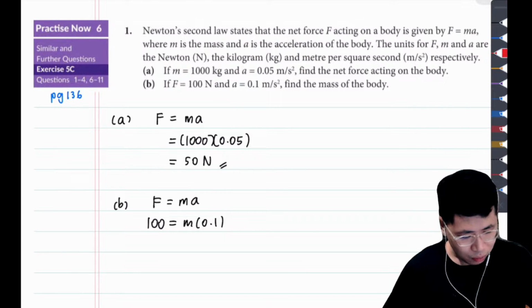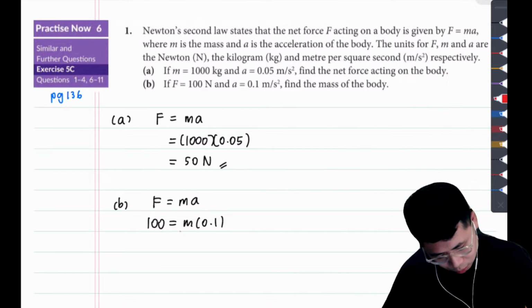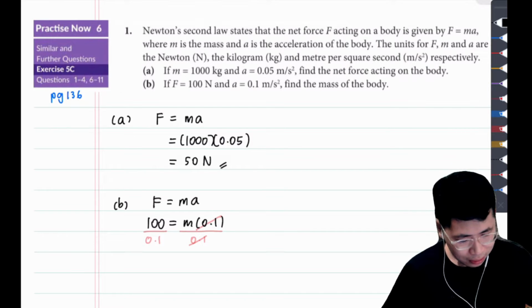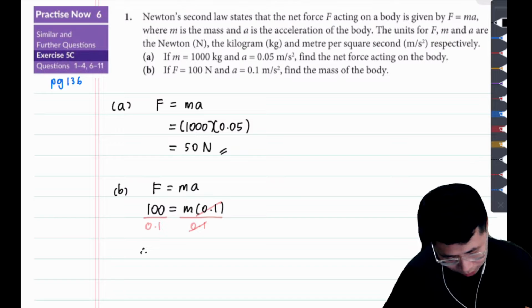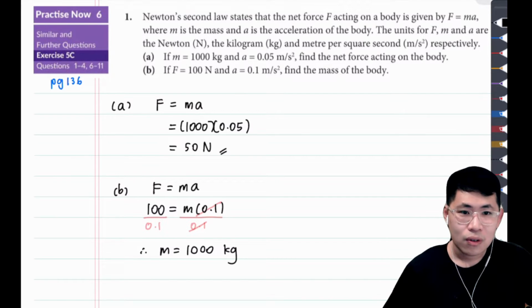Let us divide both sides by 0.1. So 100 divided by 0.1, m gives me 1000 kg.